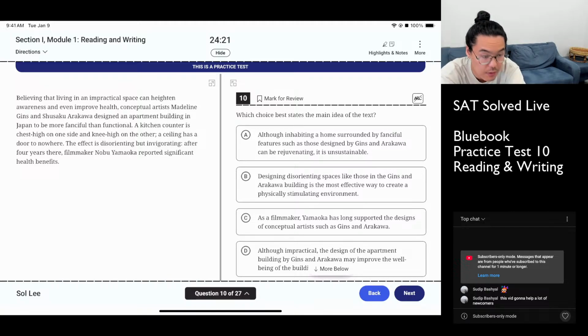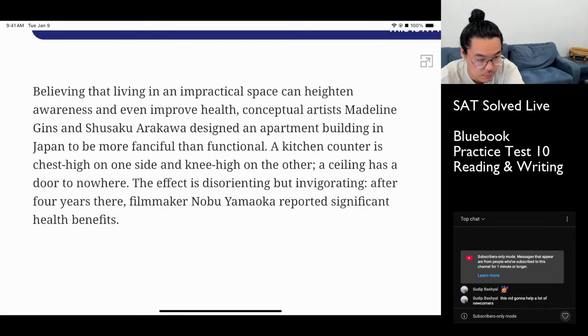Believing that living in an impractical space can heighten awareness, improve health. Okay, impractical has to be fanciful. Okay, kitchen counter is really high on one side and short on the other side, which is confusing. A ceiling has a door to nowhere. That is extremely confusing.